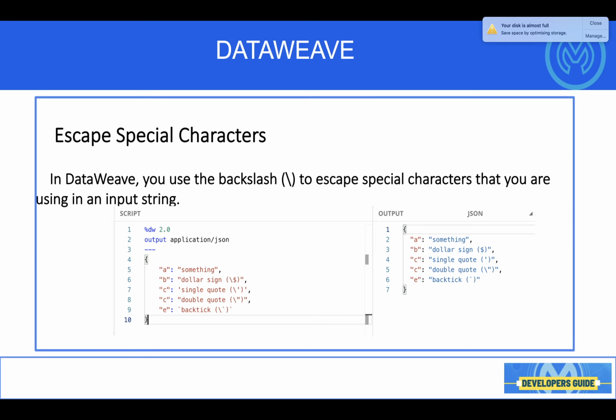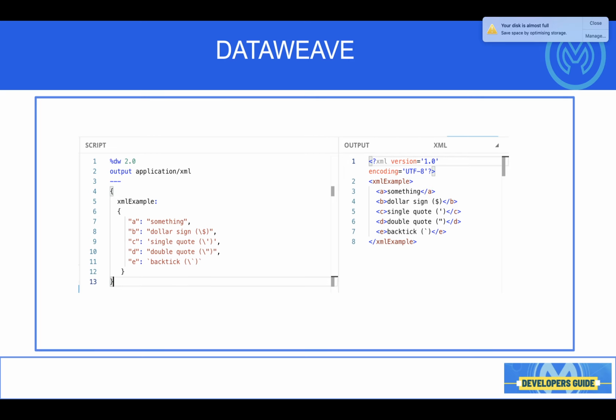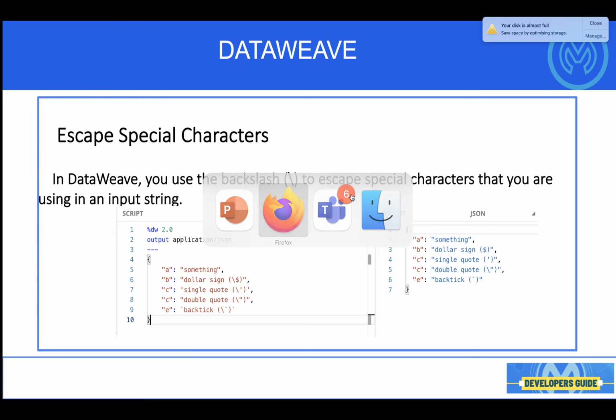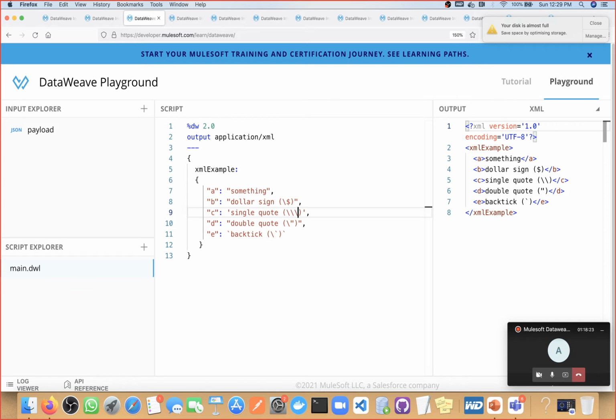Okay, so next, this one is a very important part of DataWeave. Double backslash. A single one you can write directly, and the double one, yes.